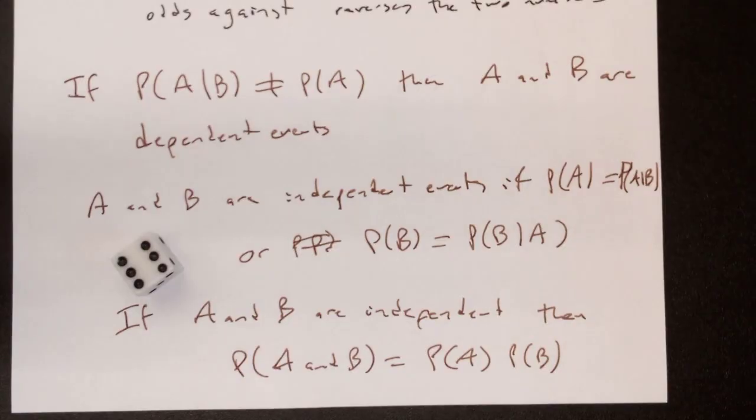Roll a die. Flip a coin. If I tell you the die came up 6, what's the chance this came up tails? There's absolutely nothing the die has to do with the coin, right? Coin doesn't care what the die is doing, the die doesn't care what the coin is doing.